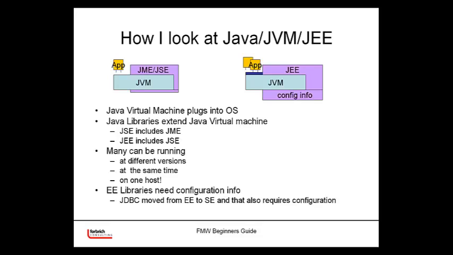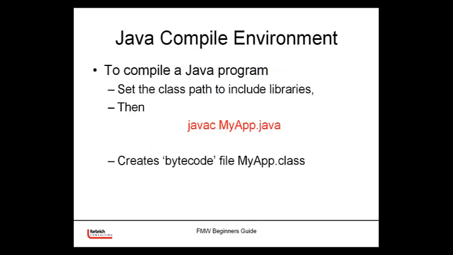So instead, we'll have a layer, what we call a container, to manage bringing up that Java virtual machine, and then we write our applications to the API of the container.